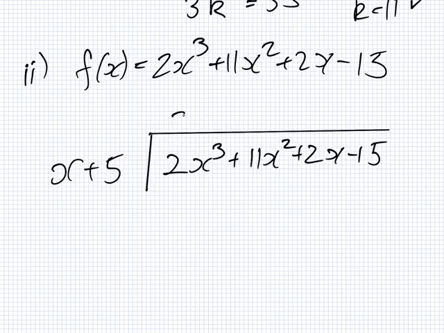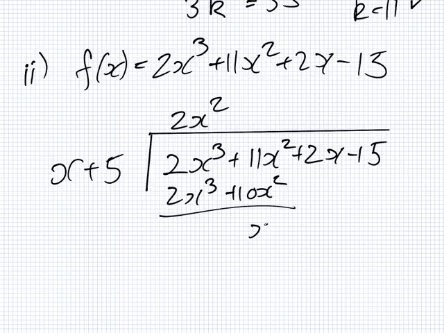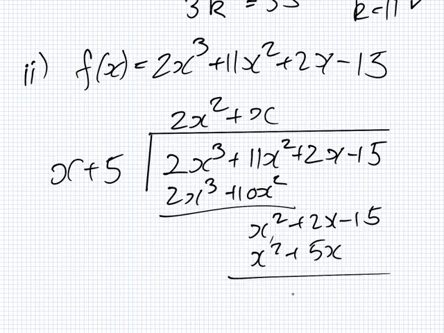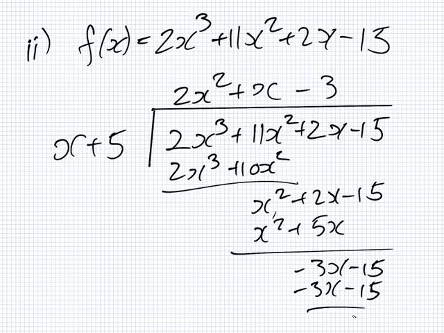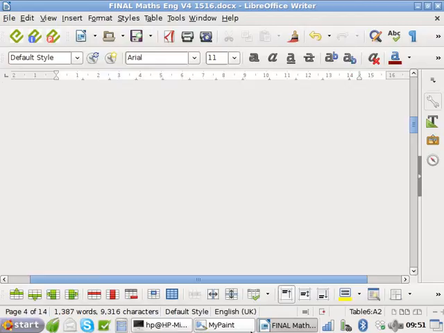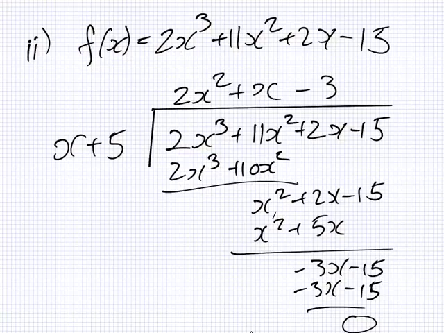So that will be 2x squared, giving 2x cubed plus 10x squared, then x squared plus 2x minus 15, plus x squared plus 5x, then minus 3x minus 15, and minus 3x minus 15, 0. Nice, good question. Gives you 3 marks, not bad.